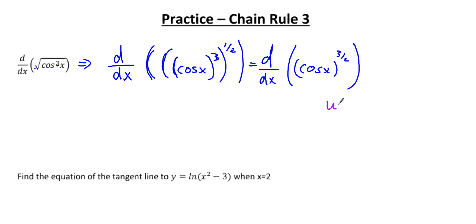So my inside function is my u, which is cosine x, which leaves me with y equals u to the 3/2. We take the derivative of this with respect to u, and we get 3/2 u to the 1/2 power. Take the derivative of cosine, which is negative sine x. We multiply them to get our derivative.